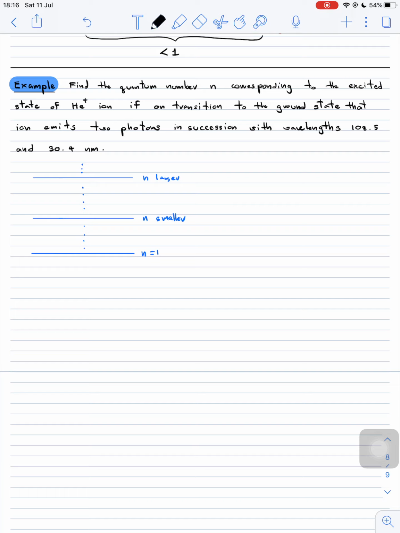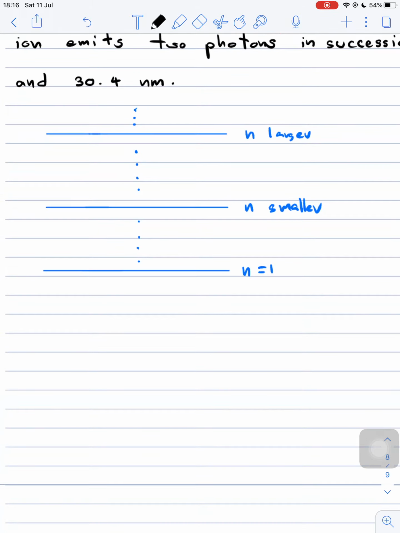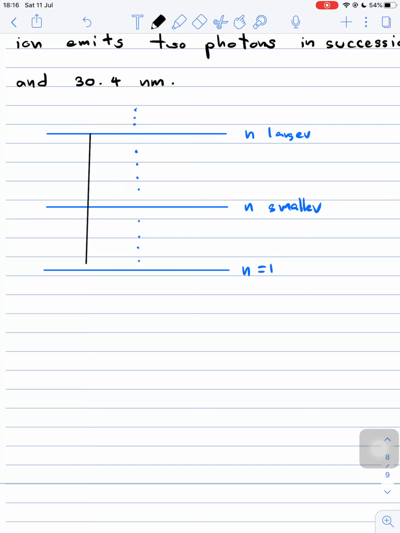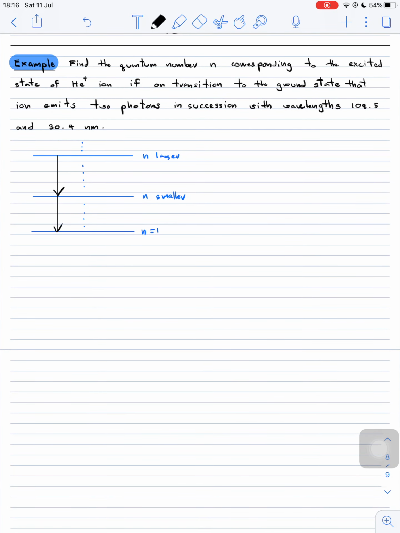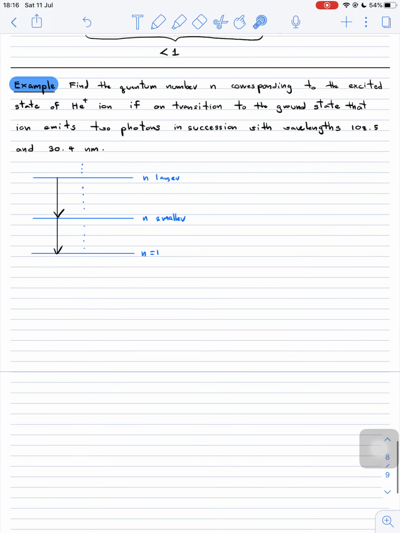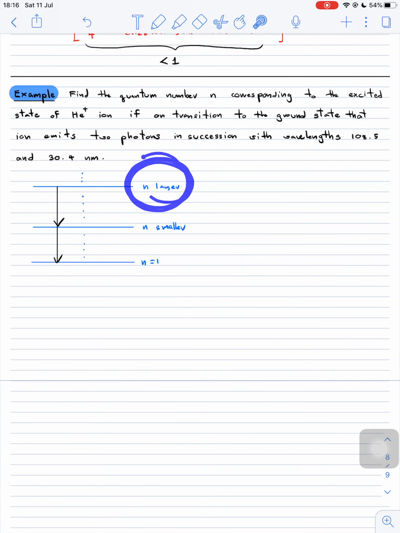So it means it goes from n larger to n smaller, and then from n smaller to n equal to 1. Now the question is, we just want to find this quantum number n.